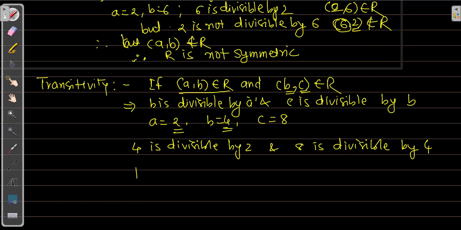Then can we say that 8 is divisible by 2? Yes, 8 is divisible by 2.